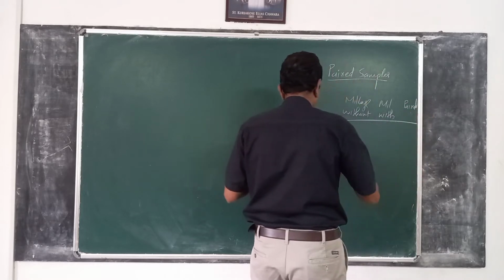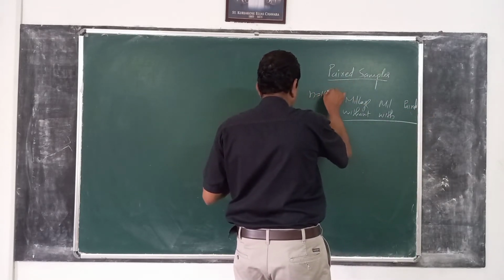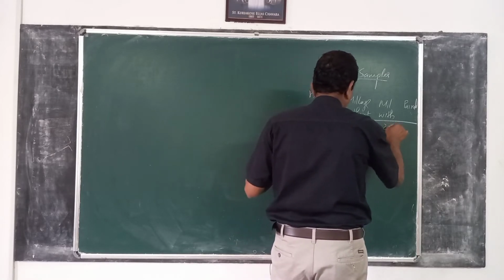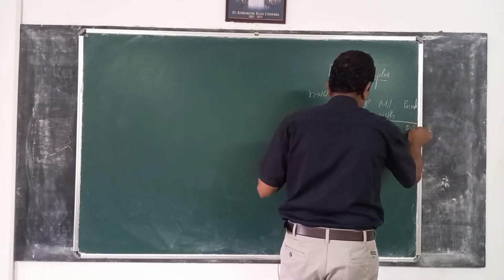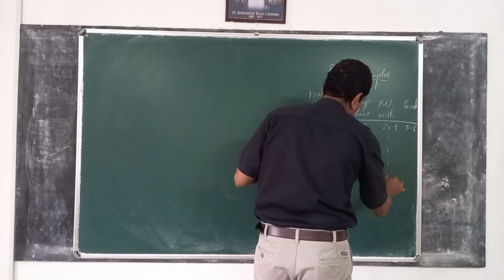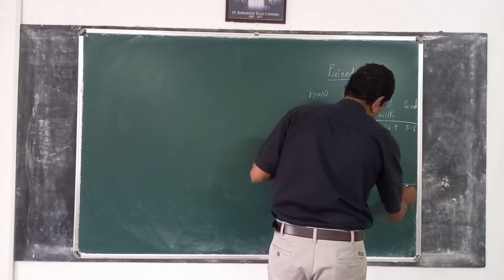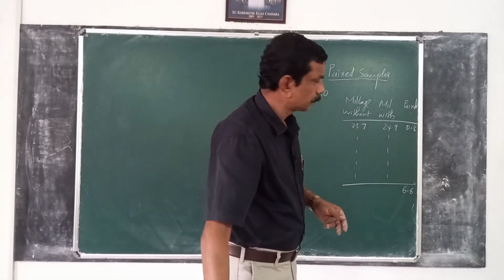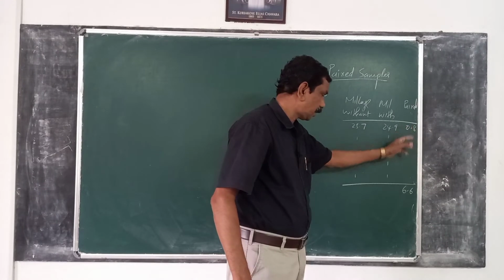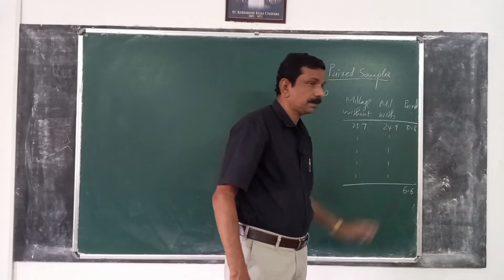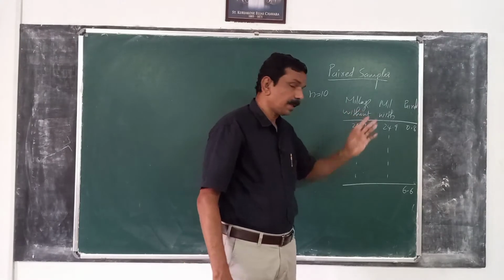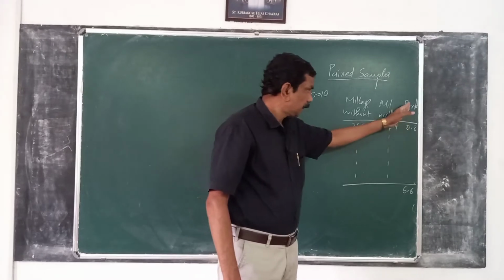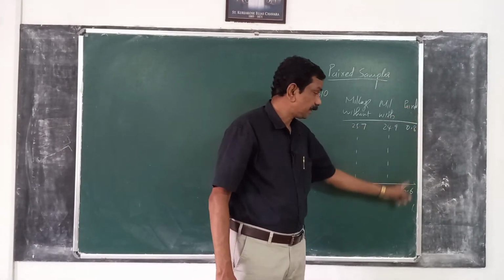So, for example, n is equal to 10; the first car gives 25.7 and 24.9, the difference is 0.8. In this way, we take all the pairs and the sum is 6.6. The paired differences are noted for all these 10 observations.